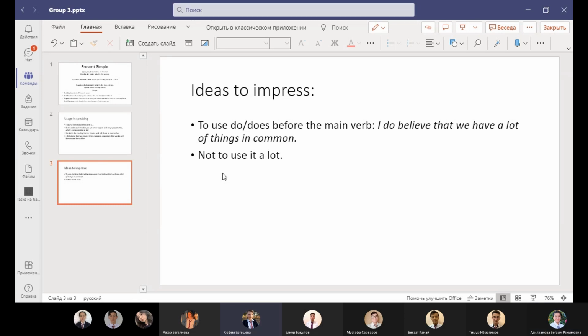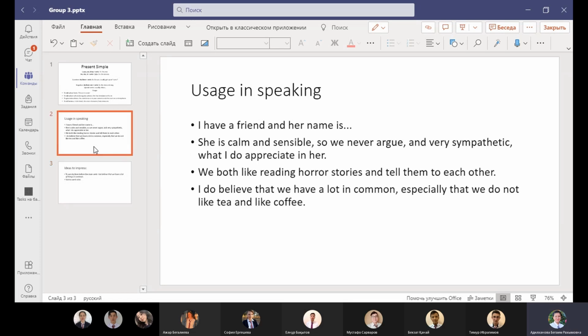Yes, perfect tenses. Can you please move to the second slide, your example? Yep, thank you. For example, I have a friend, her name is Sophia. We have known each other since we went to school. So one sentence has both present simple and present perfect, which makes your sentence complex rather than simple.